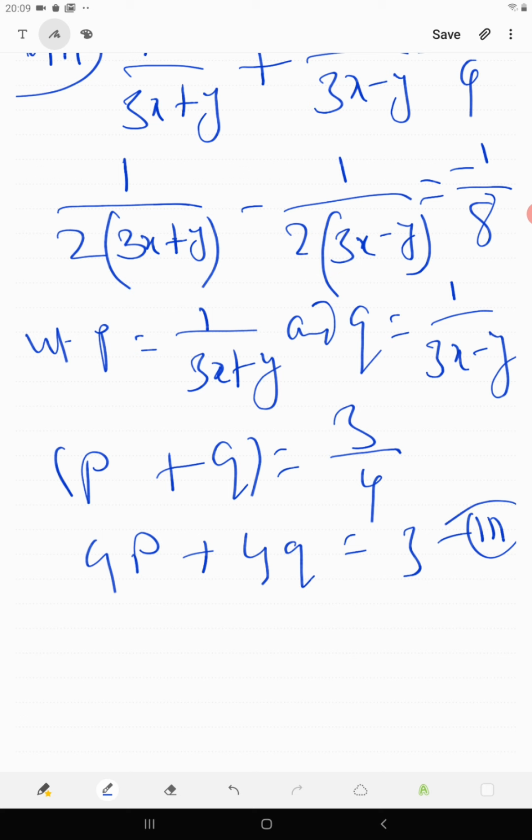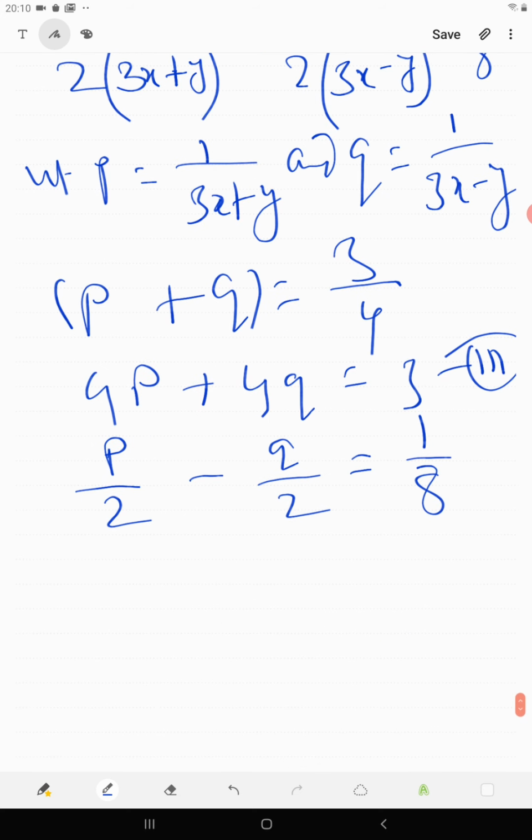This is our equation 3. Similarly, from the second one, p by 2 minus q by 2 equals minus 1 by 8. So this will become p minus q by 2 equals 1 by 8.